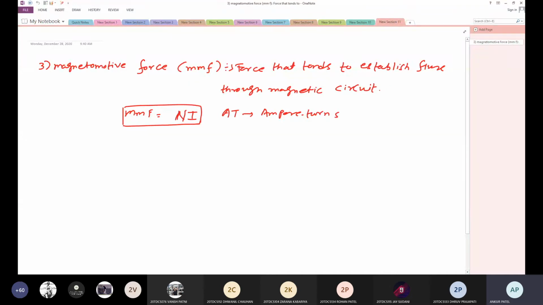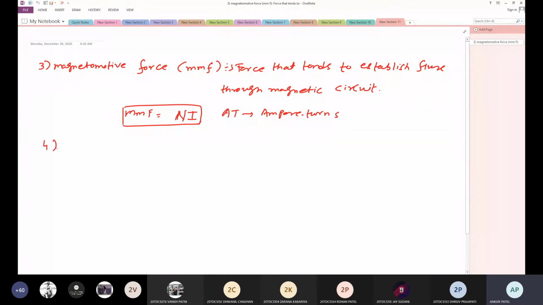Generally we take ampere for the current, where N is dimensionless, but for this number of turns we are considering it as ampere turns for MMF.